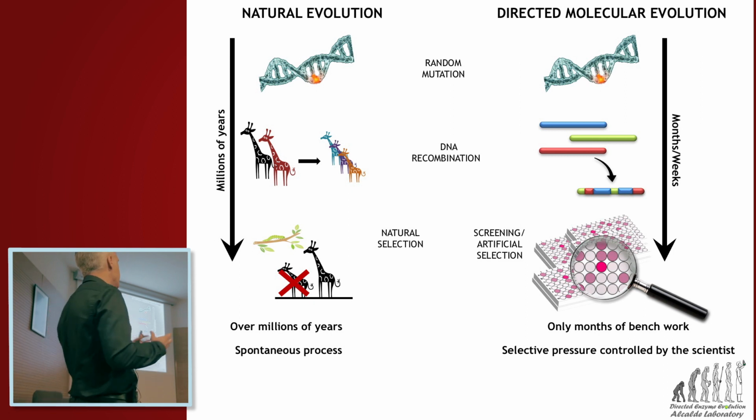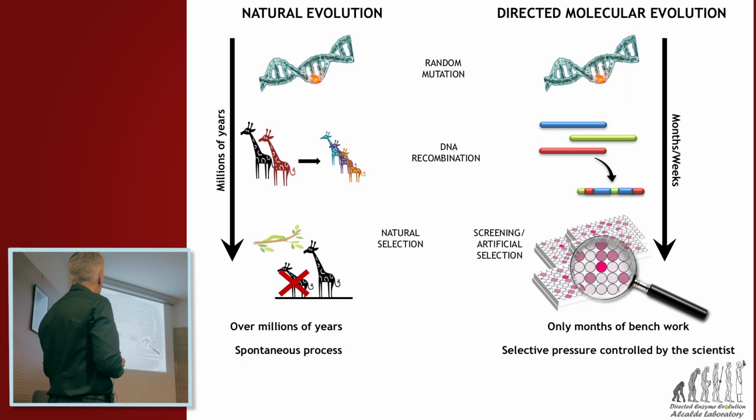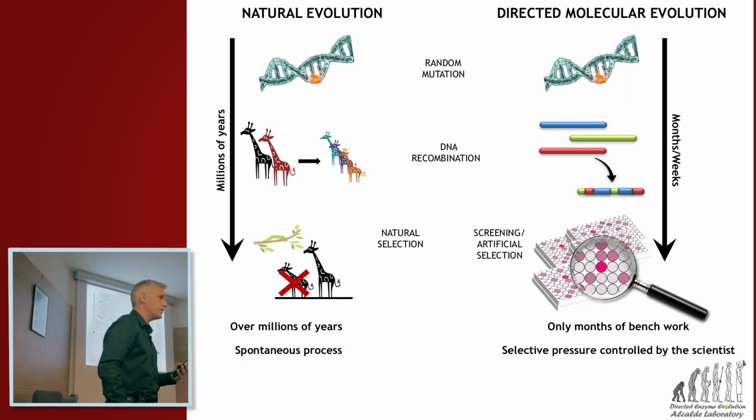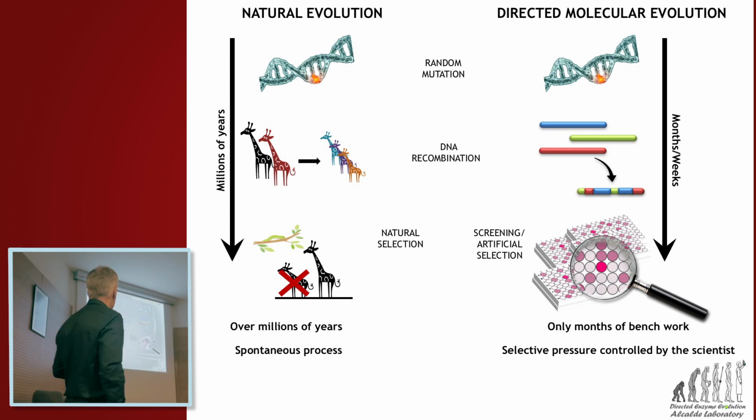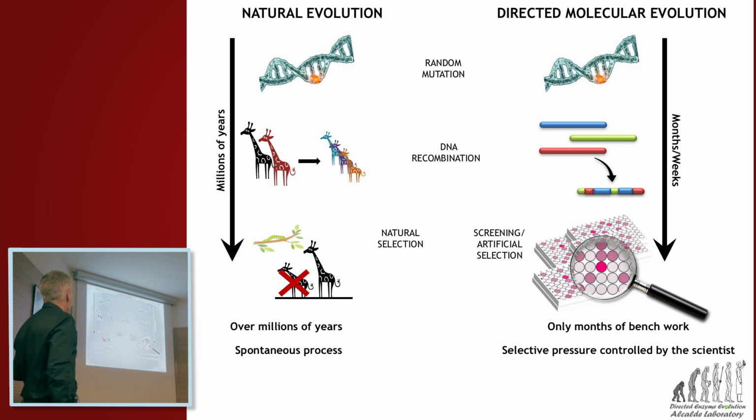So directed evolution is basically a wonderful strategy to tailor enzymes, metabolic pathways, or even whole microorganisms with improved traits. Through iterative steps of random mutagenesis, DNA recombination, and screening or selection, and by mimicking the Darwinian algorithm of natural selection, we can reduce the temporal scale of evolution from millions of years to, I would say, only days of work on the bench of the laboratory.